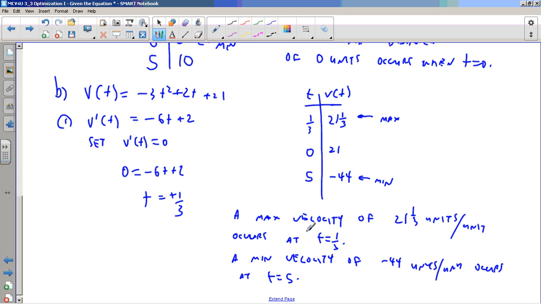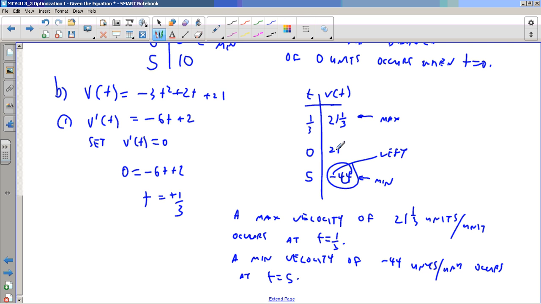Just a little bit of strangeness here. One could argue that this is the maximum velocity because it's the highest number of these three, right? So just because we're traveling at 44 units per second or meters per second, and we're going left, because remember that's what that meant, isn't that the maximum velocity?